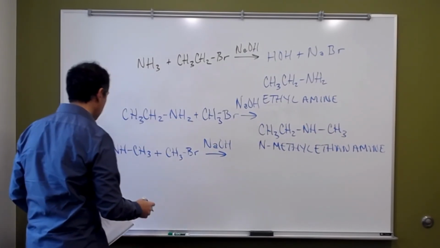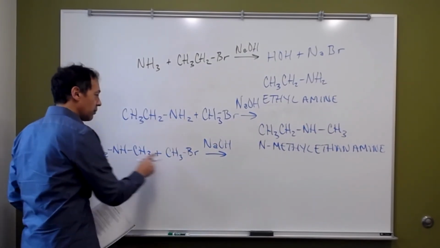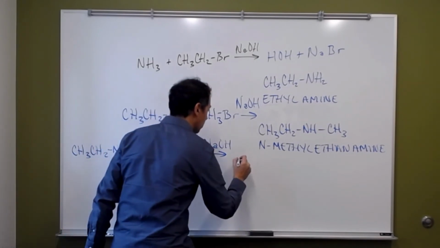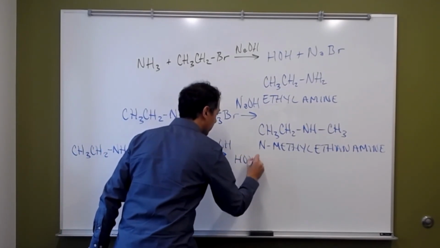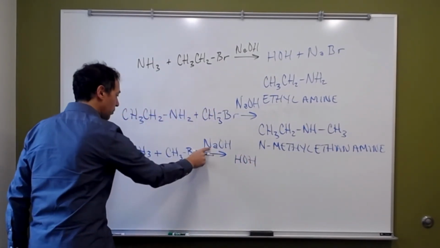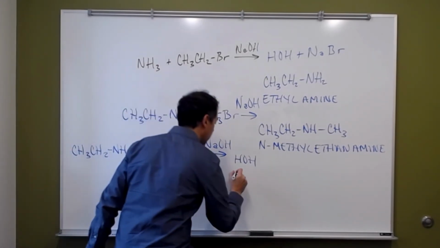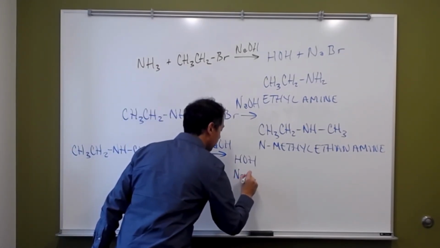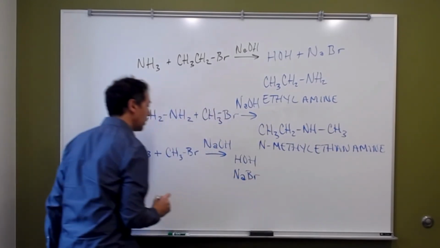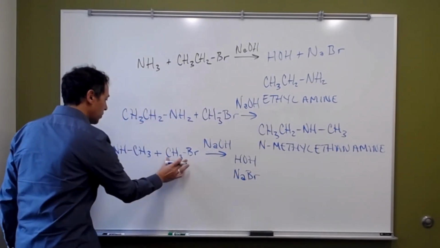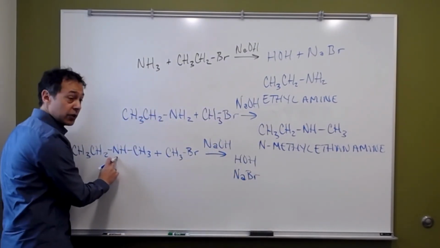We'll end up taking a hydrogen off of here, combining it with our hydroxide, giving us water. And we're going to take our sodium and our bromine here, bring those together, give us sodium bromide. Okay, and then we're going to take this methyl group and we'll attach it onto the nitrogen over here.